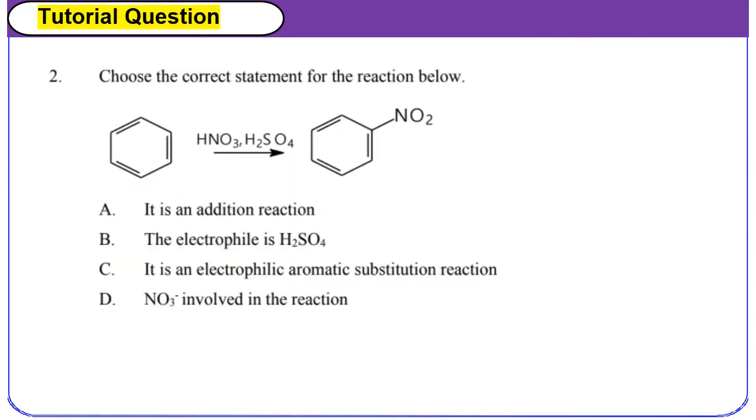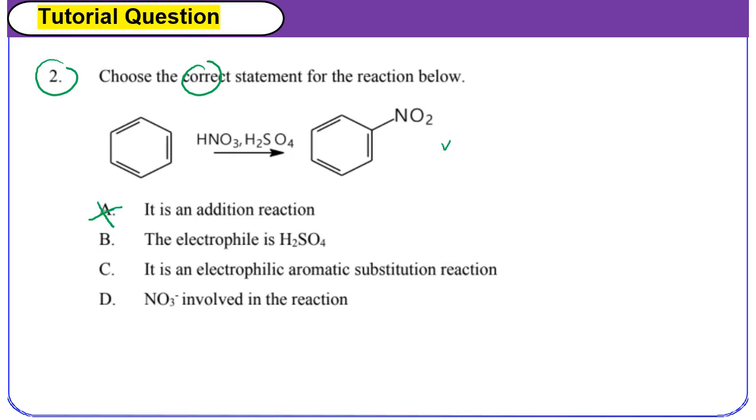Tutorial question, objective number 2. Choose the correct statement for the reaction below. This is benzene reacting with nitric acid in the presence of sulfuric acid to produce nitrobenzene. As we know, benzene undergoes electrophilic aromatic substitution, so option A is wrong.